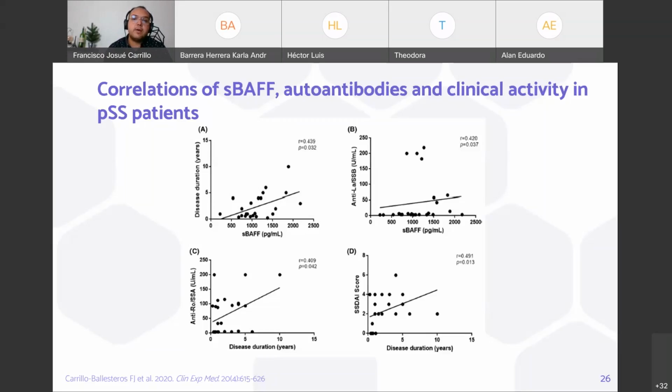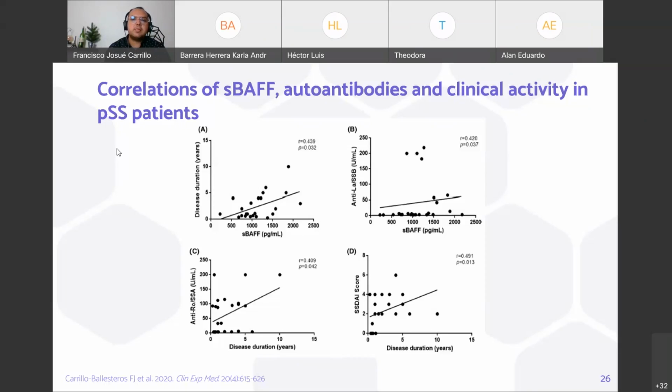We also correlated the production of some autoantibodies, especially the anti-La or SSB antibodies and the anti-Ro or SSA antibodies in these patients, which are the clinical antibodies found in these patients and are part of the clinical criteria for their classification.